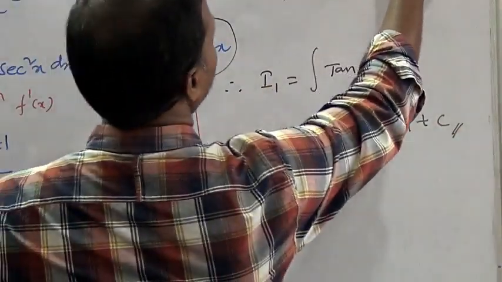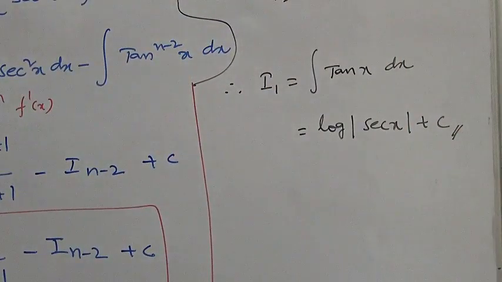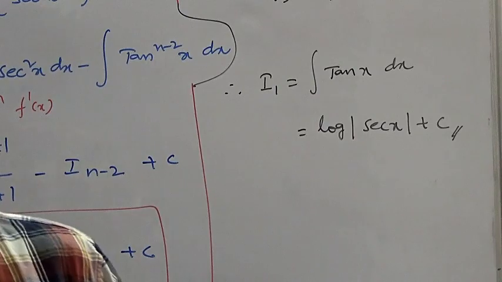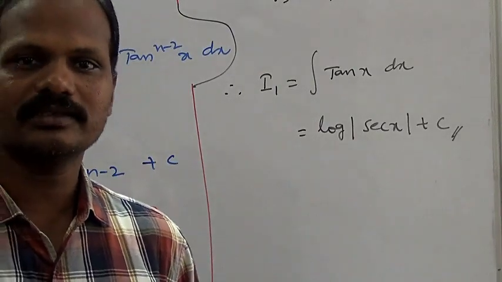Fine. So this is the complete reduction formula for integral tan power nx dx.